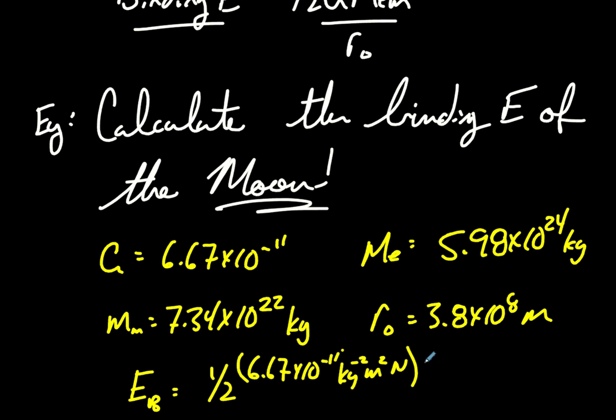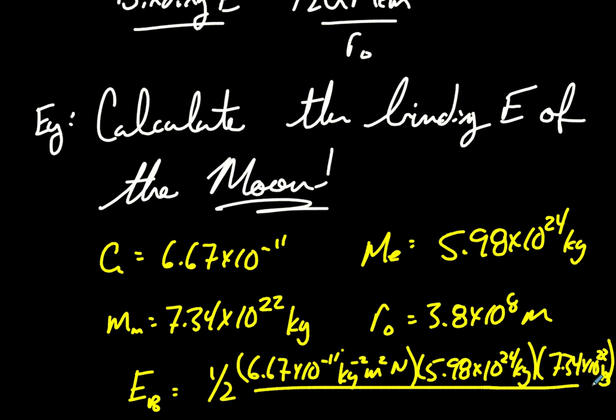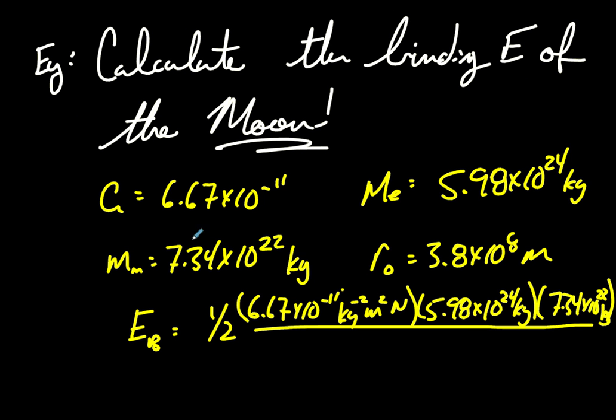Mass of the Earth, 5.98 times 10 to the 24 kilograms. Mass of the moon, 7.34 times 10 to the 22 kilograms, massive numbers. And then the orbital radius of the moon, 3.8 times 10 to the 8 meters.